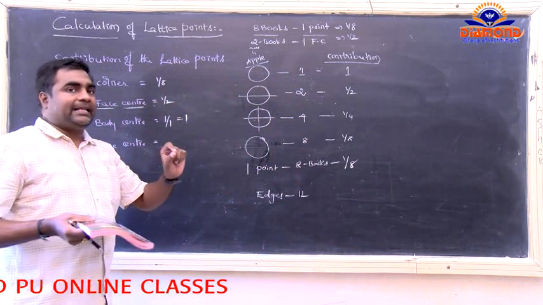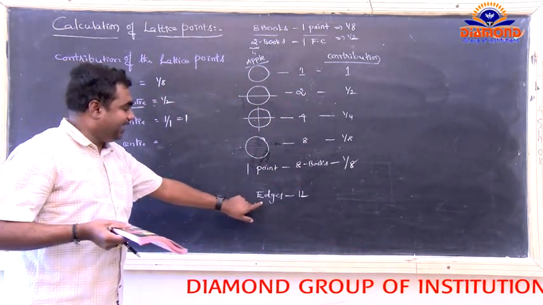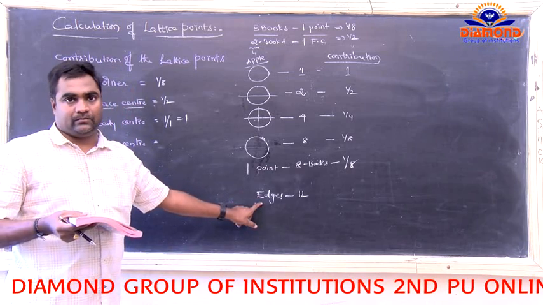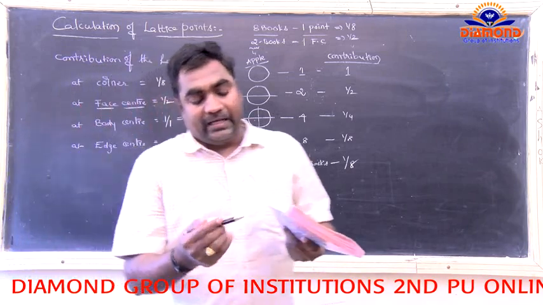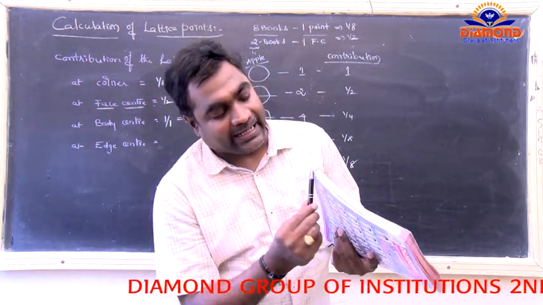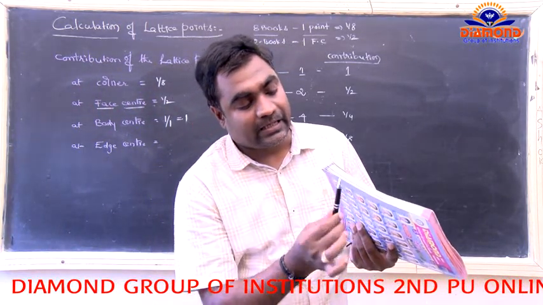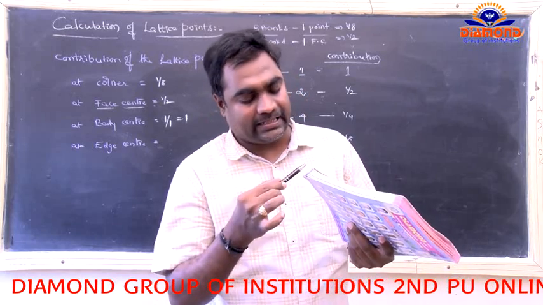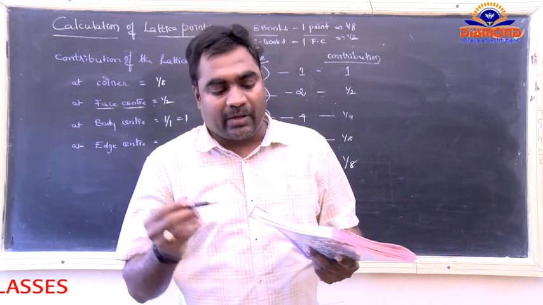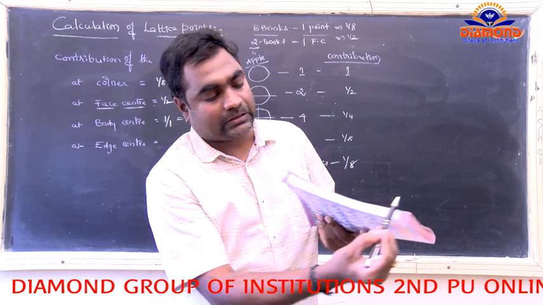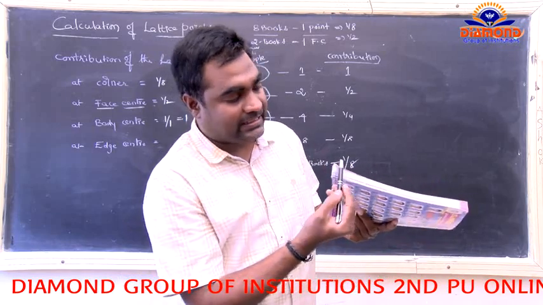Now we have to choose the lattice point at any one of its edge centers. Now here, remember this one? Here is the face. Here is the edge. Here is the edge. Here is the edge. Now remember, here is the face center. That totally belongs to the face center.